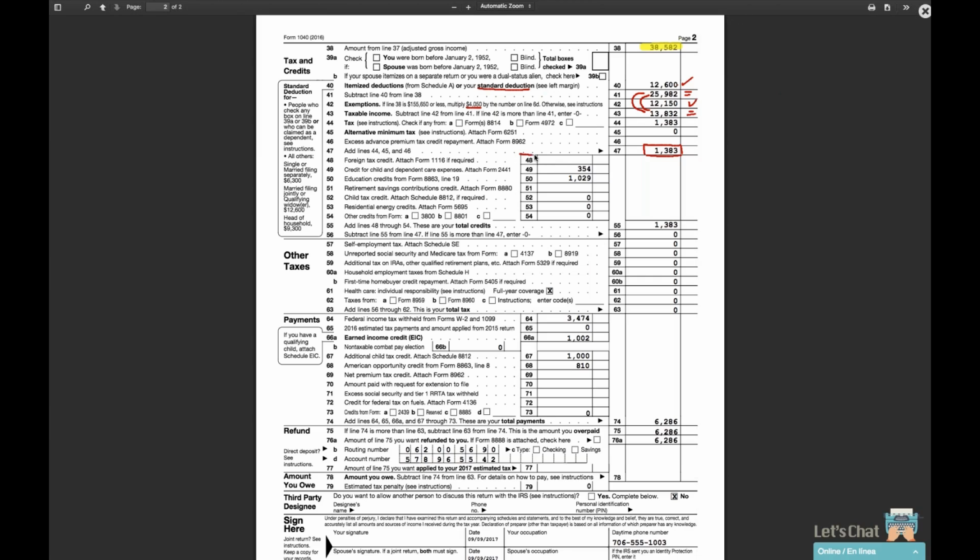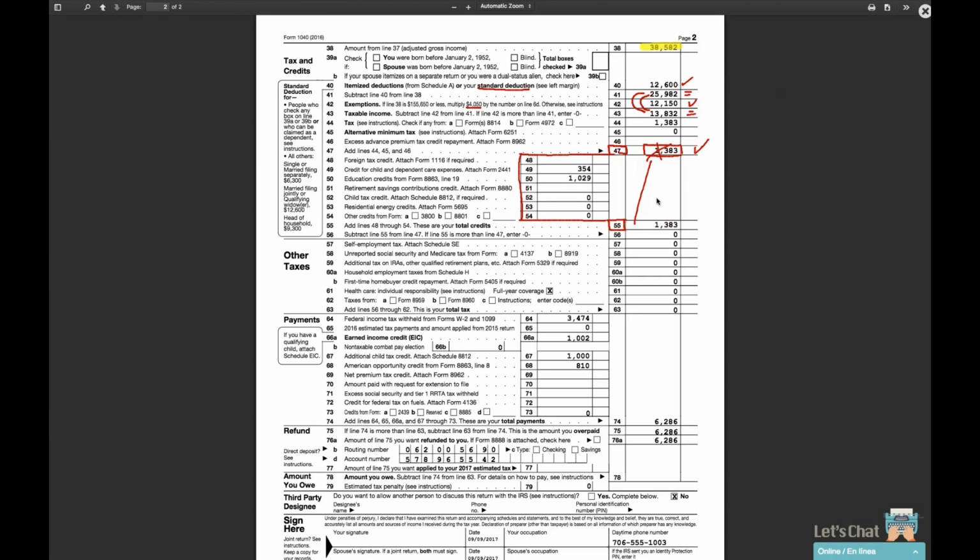Let's go ahead and start talking about the non-refundable credits. Remember, the non-refundable credits are meant to reduce whatever tax you have on line 47. Line 55 is going to come and get rid of it, right?